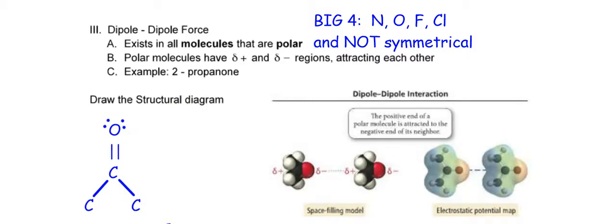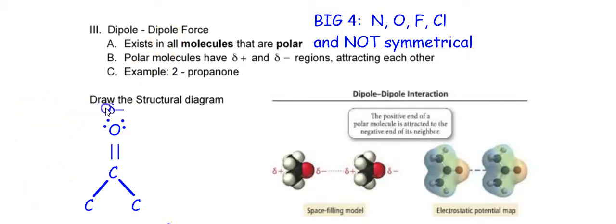So why did I draw it this way? What's the shape of this? How many electron groups do you have? I count 3, so the shape is trigonal planar. Hopefully you got that. Now, what else do you notice? Do you see a big 4? Yes, I do. What do you know about oxygen? It is very electronegative.